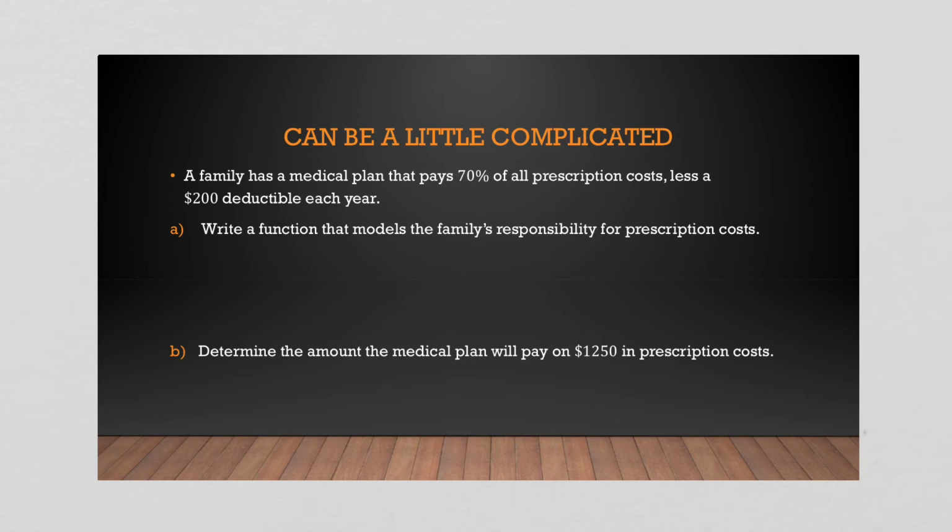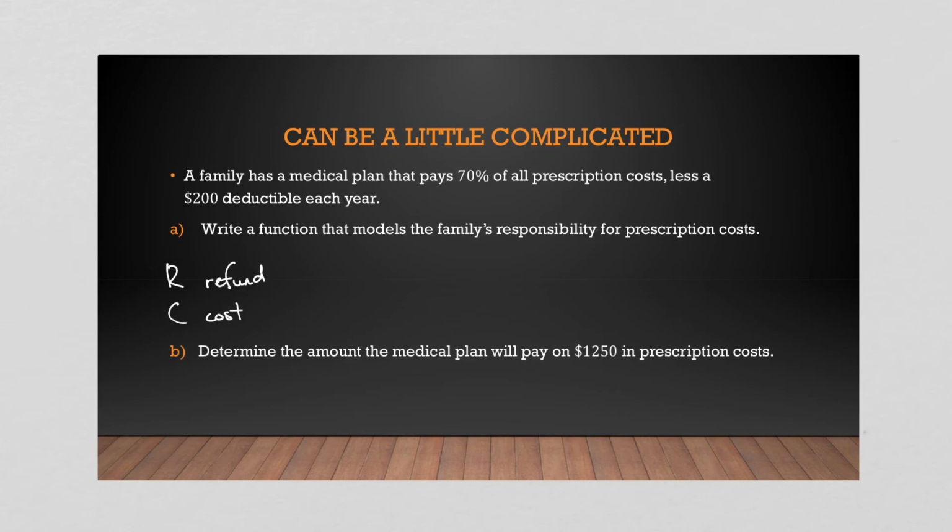But first, let's assign some variables. We're going to say, okay, they're going to get a refund, and they are going to have to pay for a certain amount. So let's just say that R will be the refund. Okay, and C will be their cost.